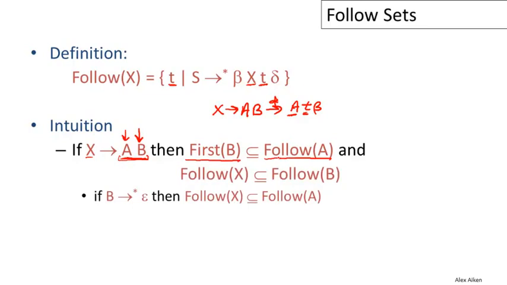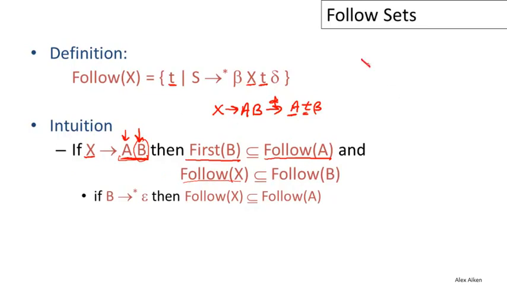Now, another interesting fact here is that if we have a symbol at the end of a production, let's take a look at the B here for a moment. I claim here that anything that's in the follow of the left-hand side is going to be in the follow of B. In this case, the follow of X is a subset of the follow of B. And let's take a look at that.